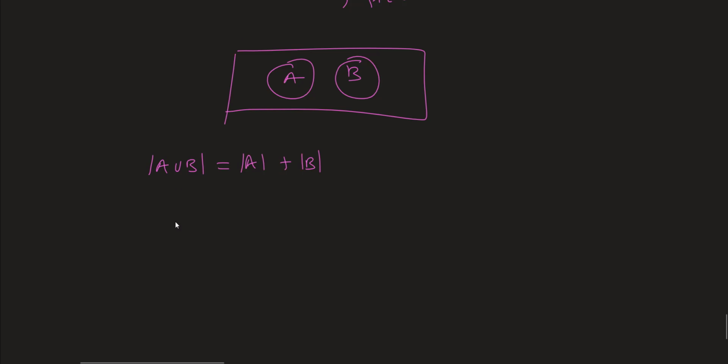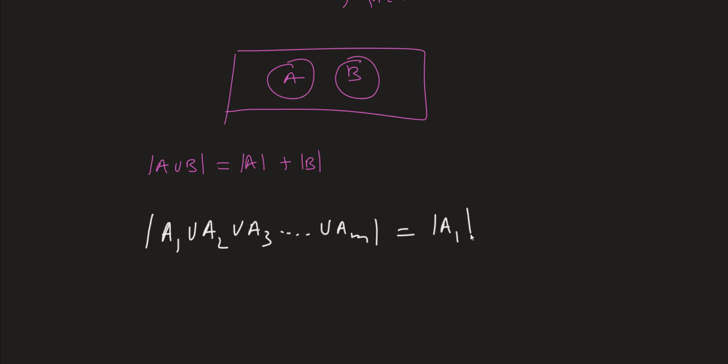In other words, if we generalize this, if we have m disjoint sets, A1 union A2 union A3, and so on to the union of Am, this will be equal to A1 plus A2 plus A3, and so on to Am.